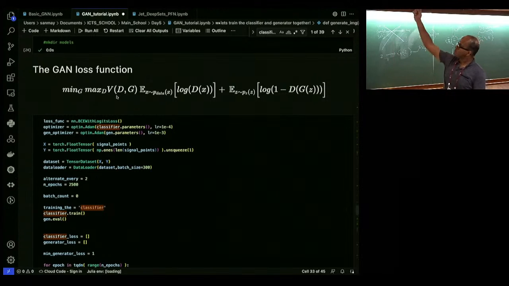When we do this simultaneous training, there will be backpropagation in the discriminator as well. You already started with a pre-trained state, right?